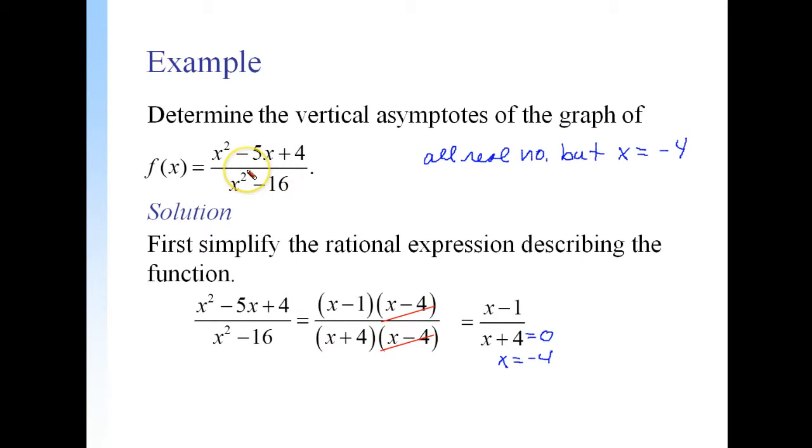Okay? So in this case, what is the vertical asymptote? Well, believe it or not, it's going to be -4. All right, and let's take a look at that in a graph.